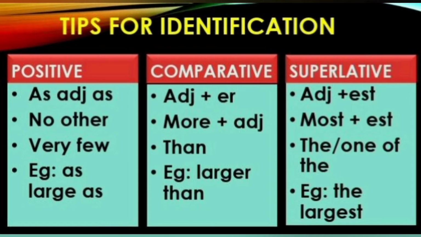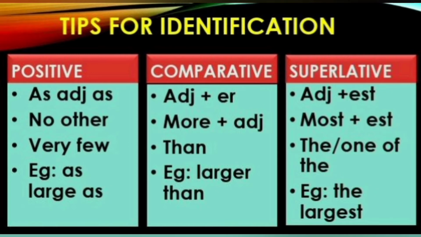Let's now come to comparative degree. How to identify if a sentence is in comparative degree. In comparative degree, we know in adjective form, ER is added along with an adjective. That is adjective plus ER form. Otherwise, if the adjective is of 2 or more syllables, there will be more plus adjective.